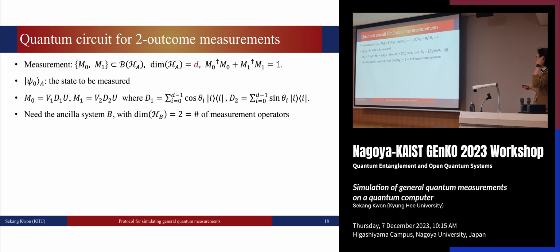The two-outcome measurement is given in a Kraus representation, and psi 0 is the state to be measured, and M0 and M1 have SVD.